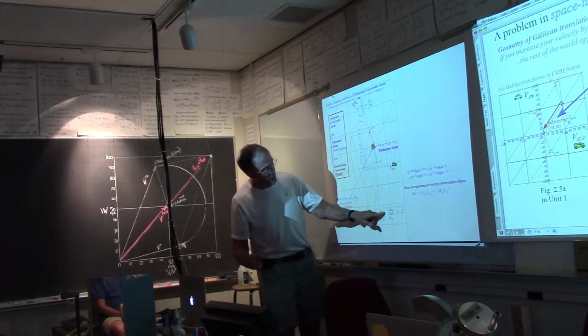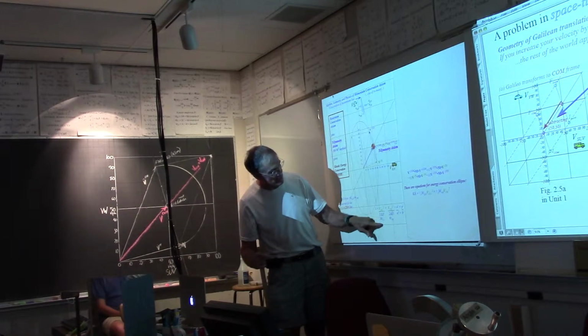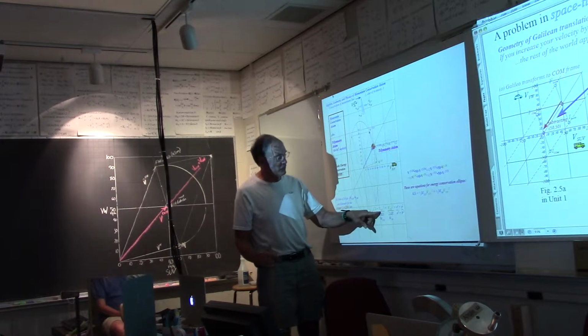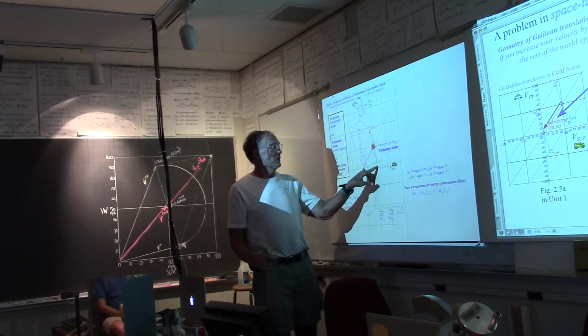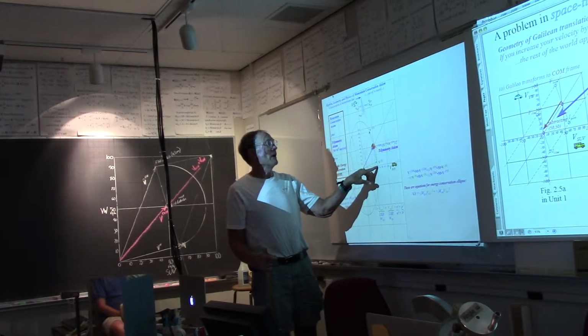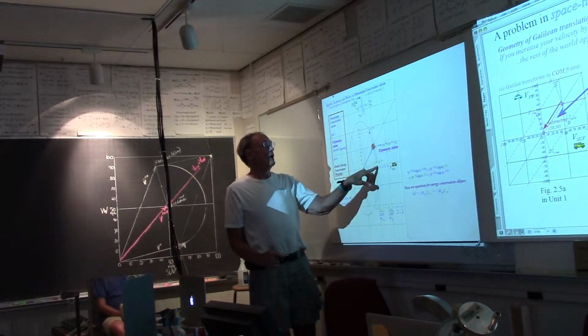So this is your formula for how big is the SUV semi-minor axis, or minor radius of the ellipse.